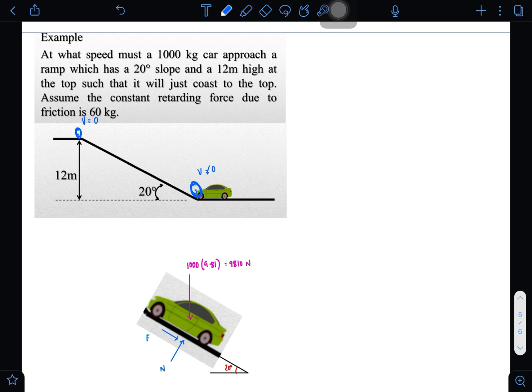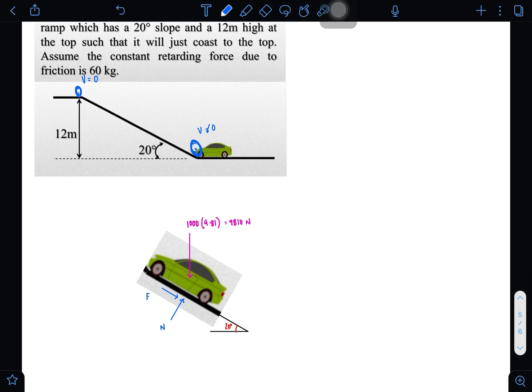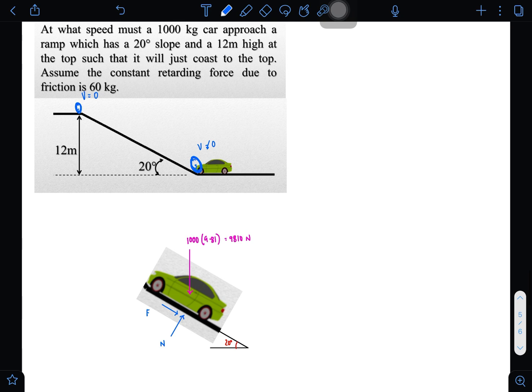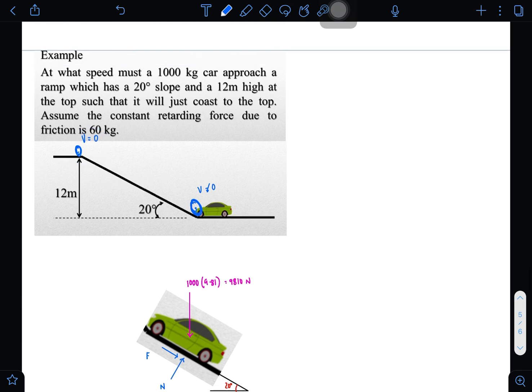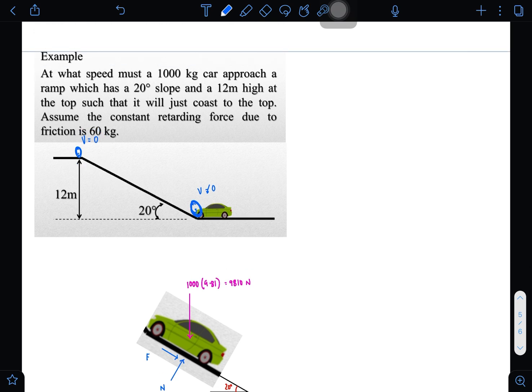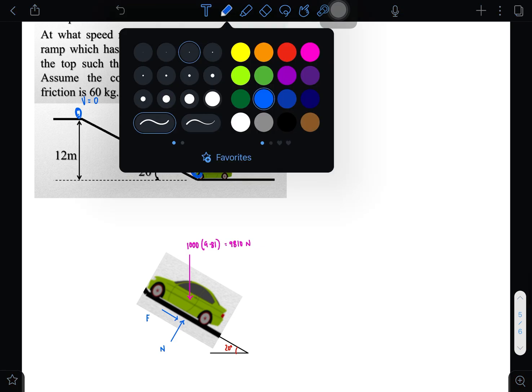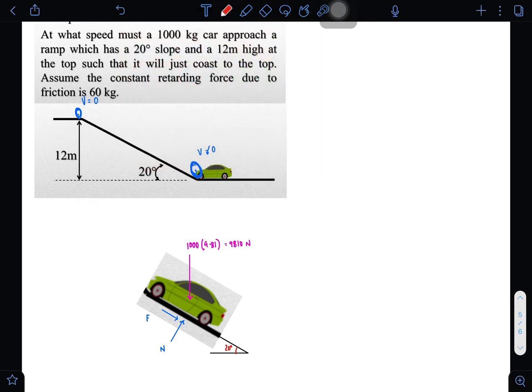So there is what we call deceleration, because it starts at a value not equal to 0 initially, then the final becomes 0, since it said that it will just coast to the top, meaning it will just land on the top. So there is deceleration. So where is the motion? The motion is towards here, that's the motion, and the acceleration is deceleration, so it's opposite to the motion.